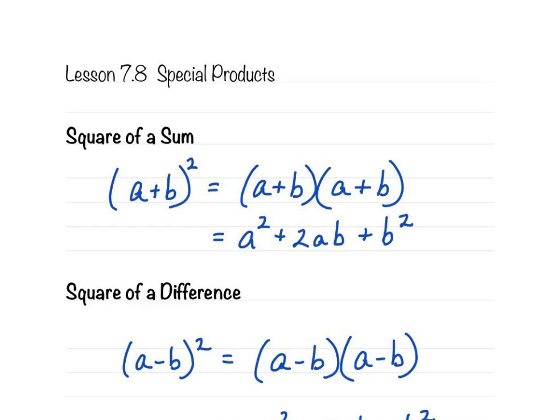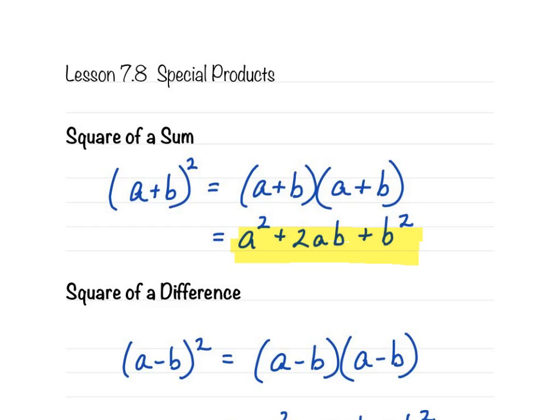In other words, it's the first term a squared plus the product of the 2 terms a times b doubled plus the second term b squared. Again, you will memorize this as a pattern, and then when we do practice exercises, you will simply follow a pattern by memory.